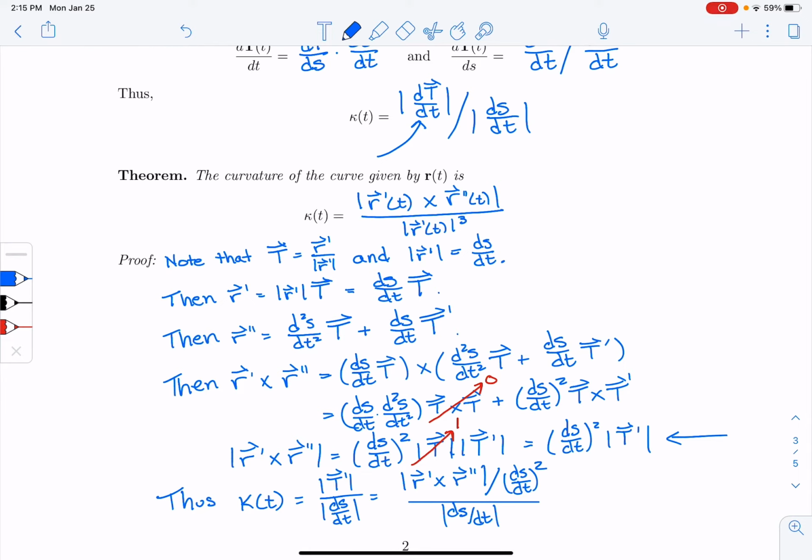And so this becomes the magnitude of r prime cross r double prime divided by the magnitude of ds/dt cubed.